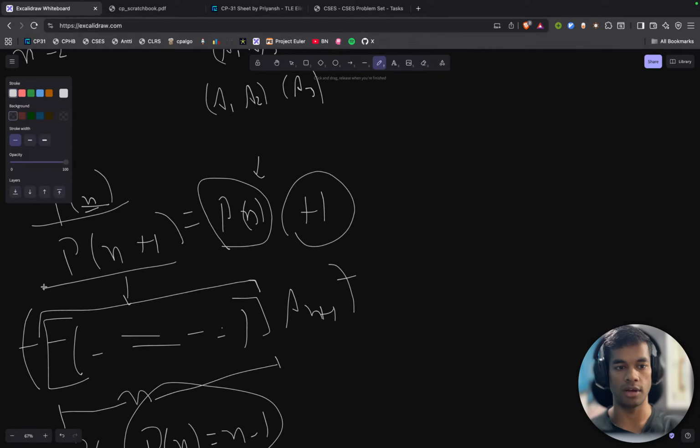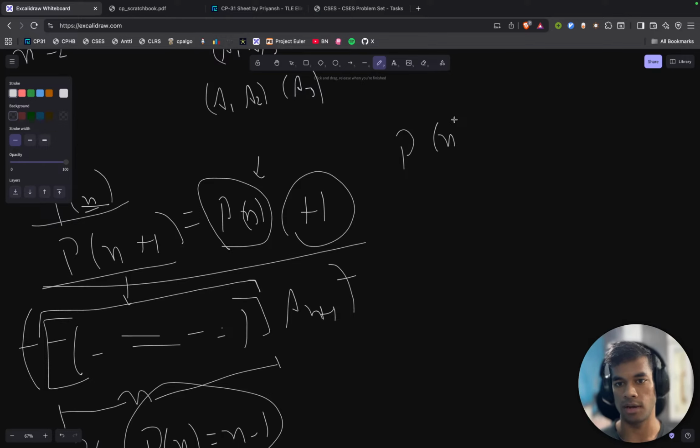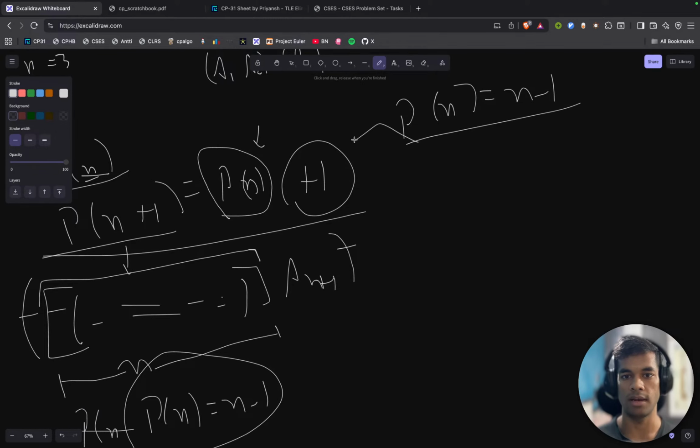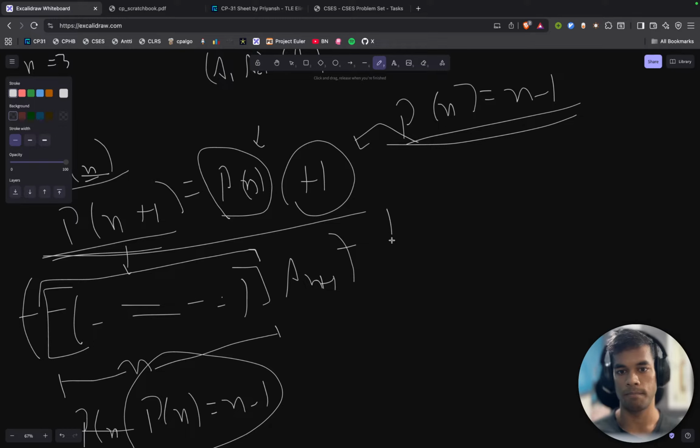And for this recursive function, I also have a closed form function that I want to say is correct, which is Pn equals n minus 1. So if we plug this closed form function into this problem, for Pn we have n minus 1, and plus 1.